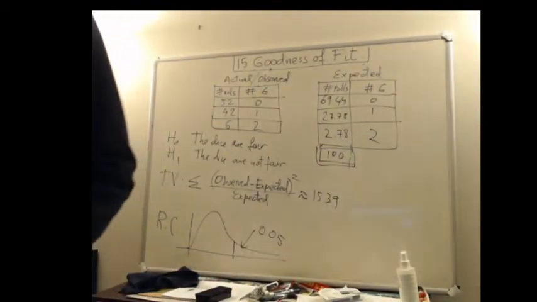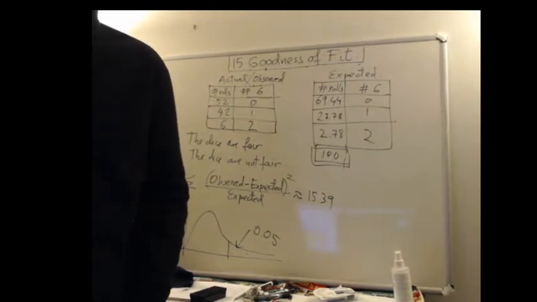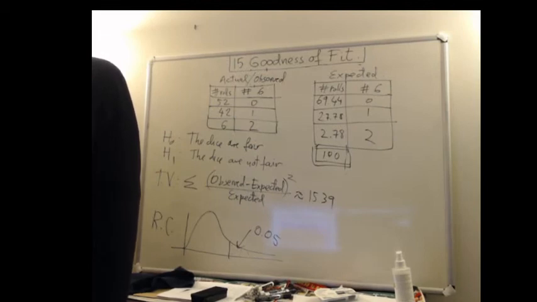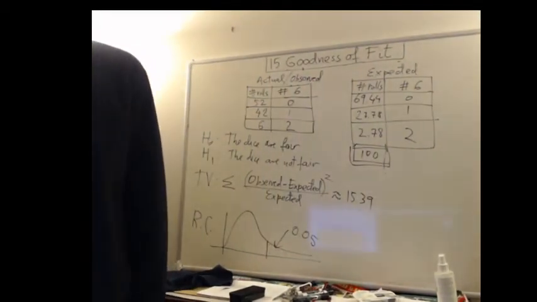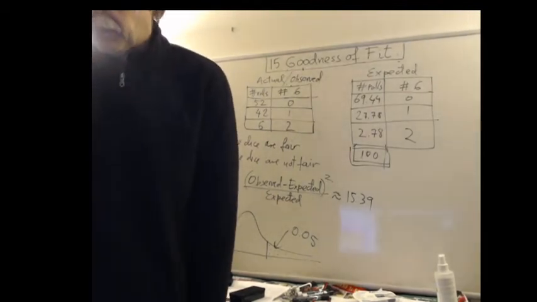One way or the other, you can take a look at the table. It's not really that hard to find. So alpha on the top of the table is 0.05, and with 2 degrees of freedom, you're going to be able to see the number is 5.991.